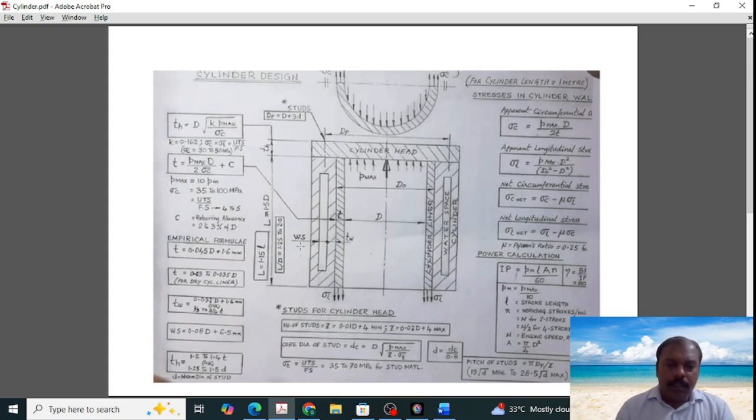The bore diameter can be calculated using the indicated mean effective pressure, the brake power and the mechanical efficiency.